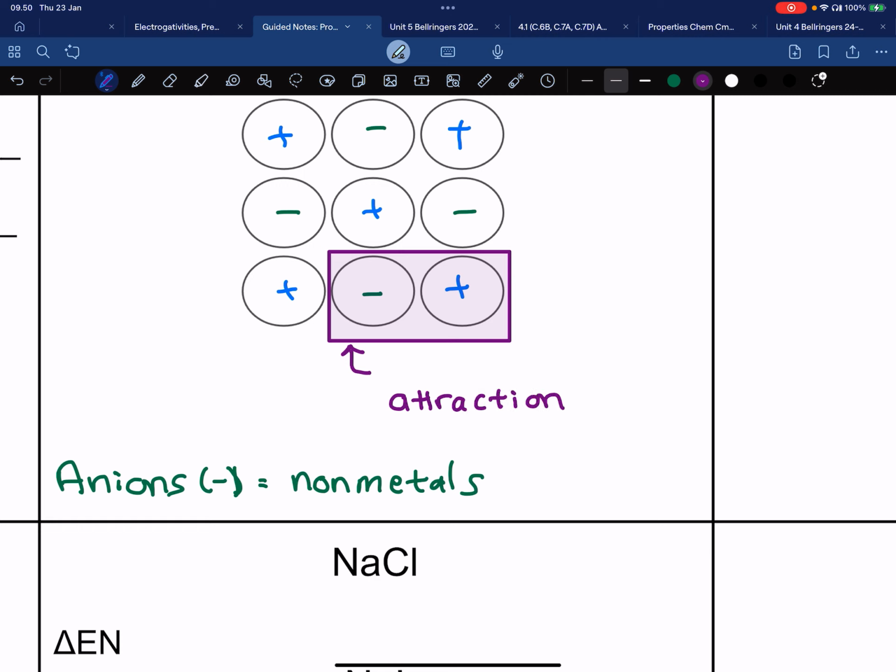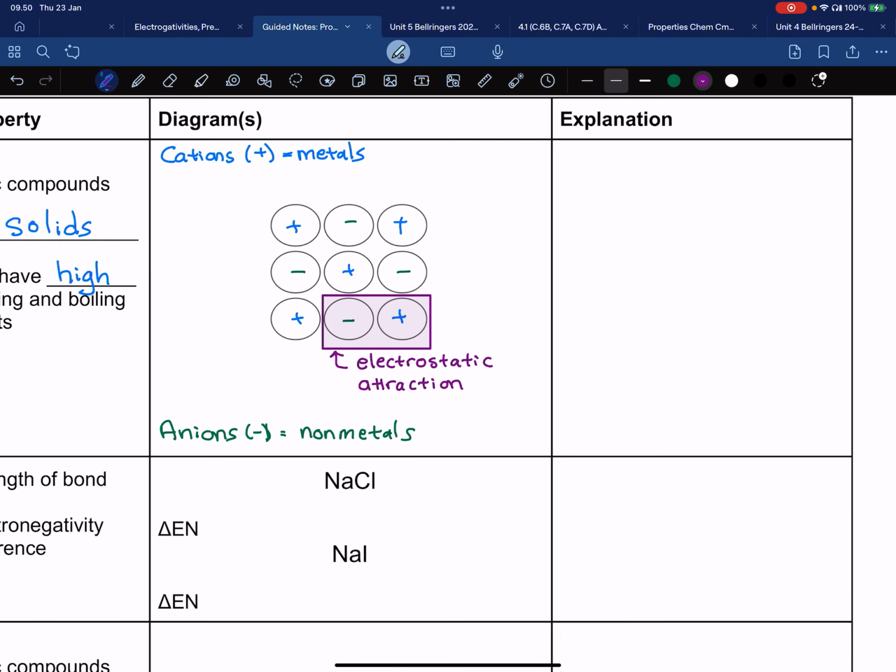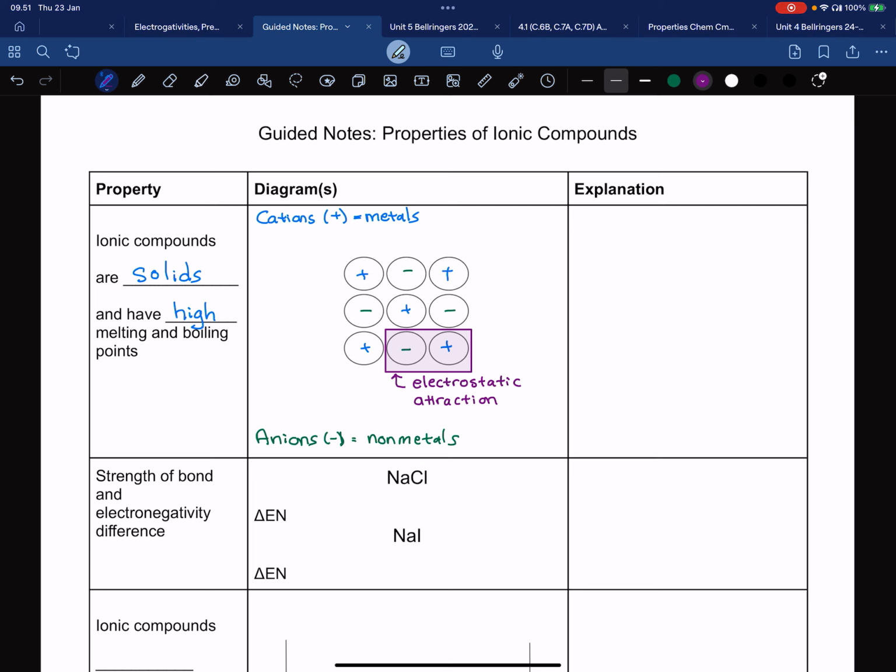Now, because it is an attraction between a positive and a negative, the chemical name for it is an electrostatic attraction. Electro meaning positive negative, transfer of electrons. Static doesn't move. So that positive and negative are permanent. They are attracted to one another. That electrostatic attraction between those anions and cations.